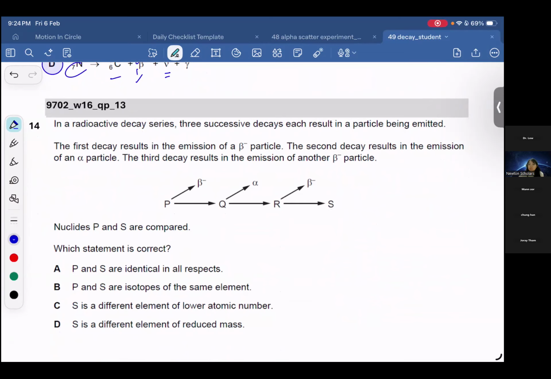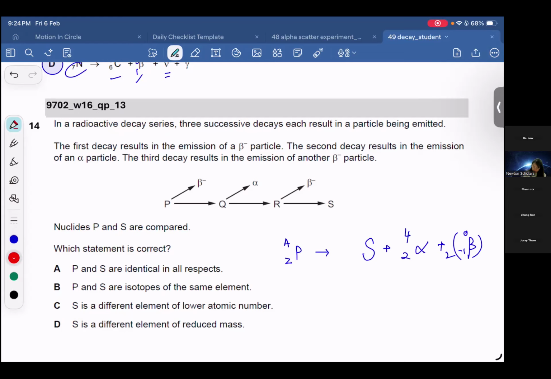Chonghan, yes. Sean, yes. Last one here. Then we got 1 alpha. So for 2, we got 2 beta. So 0, -1, 2. So you can balance it.